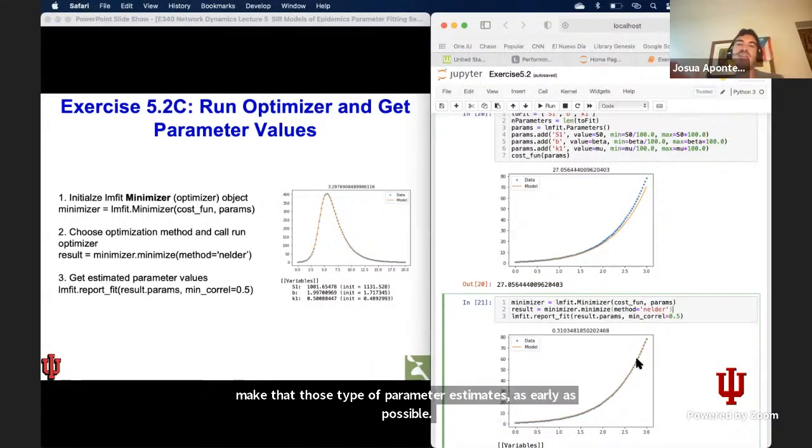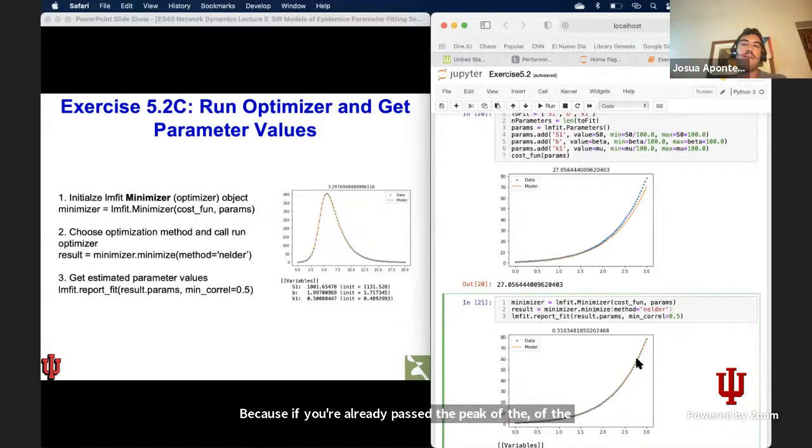Because if you're already past the peak of the epidemic, containment measures will have very little effect on what the rest of the epidemic looks like. But if you're able to estimate at the very early stages of the epidemic, then you will have, for example, a good idea of when you expect a maximum number of individuals to be infected, at what time, what that number will be, and so on.